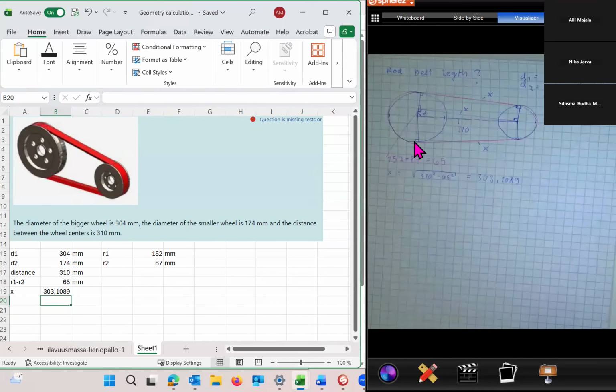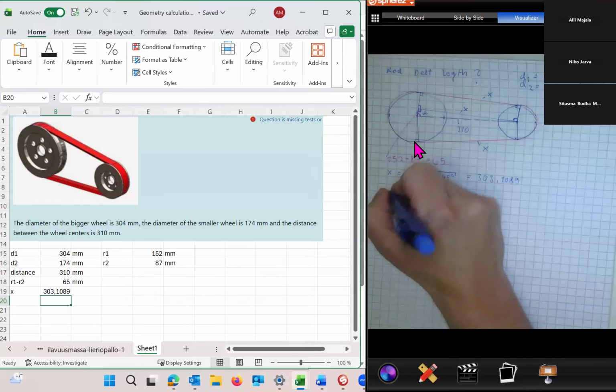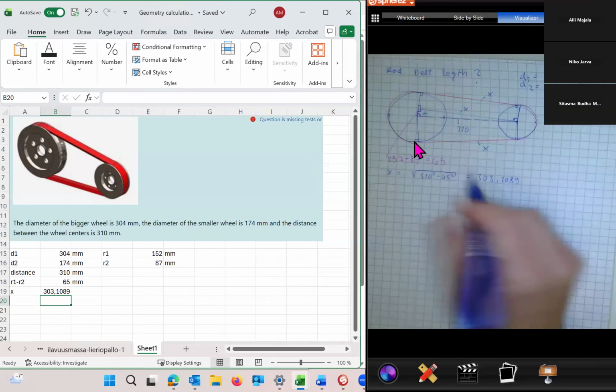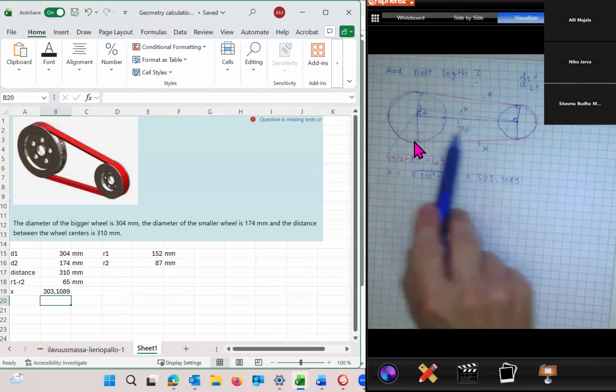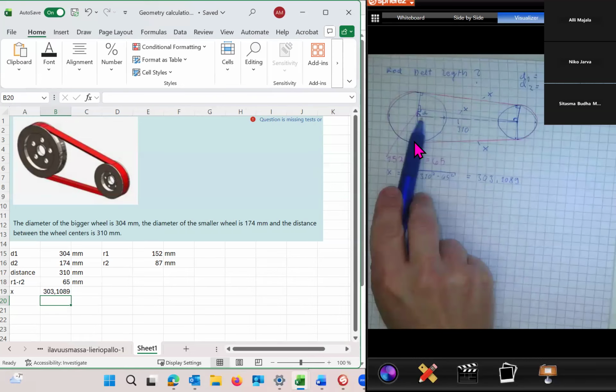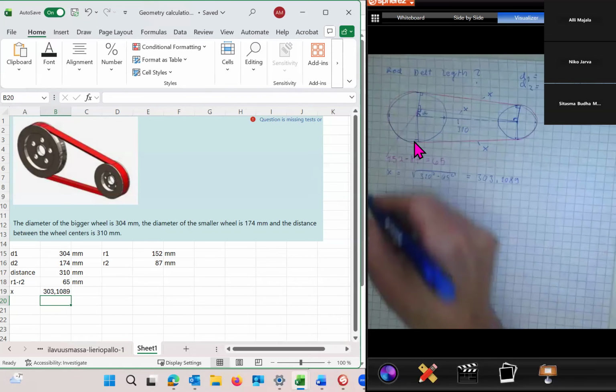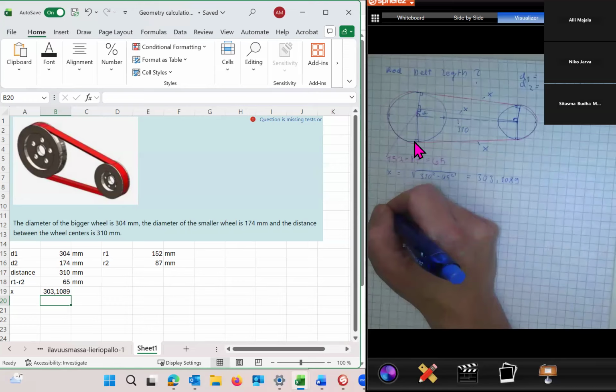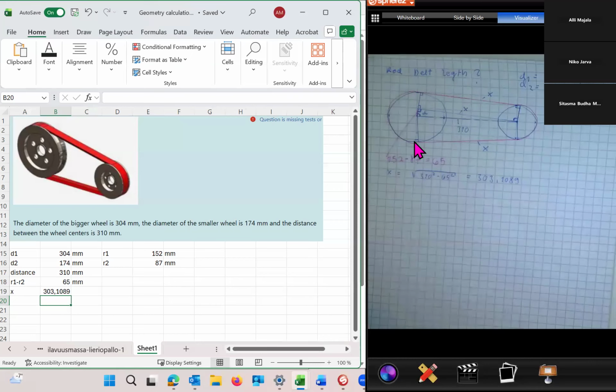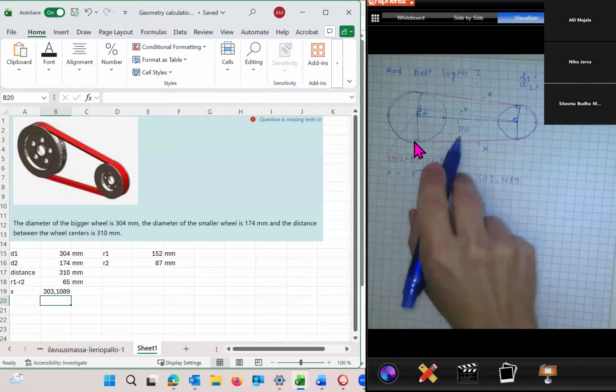And we can mark it now with the famous alpha, for example. So my alpha there, or I can just start writing, for example, with these numbers that I know the accurate numbers. So I know the distance, I know this length and this length with accurate numbers. And this is the hypotenuse, yes.